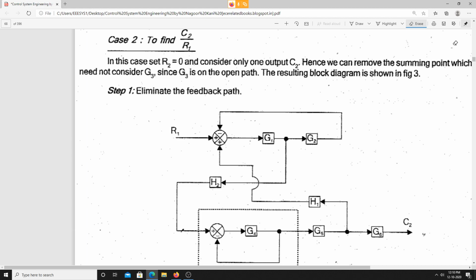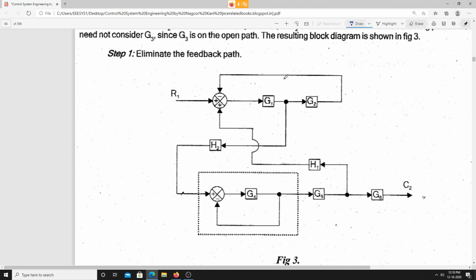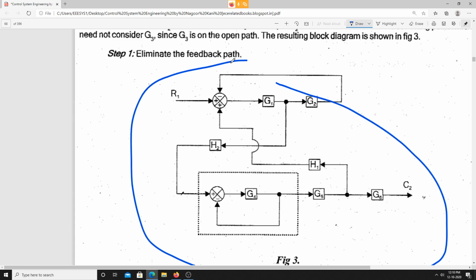Now again the same, we can remove the summing point, and need not consider G3, why? Because this G3 is nothing but an open path. So this is the resulting block diagram.